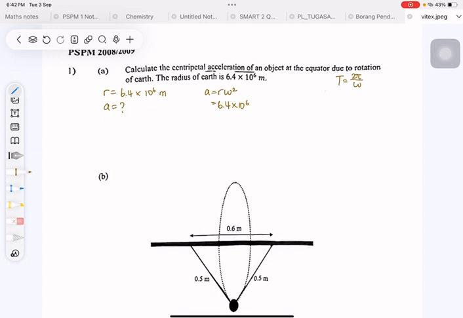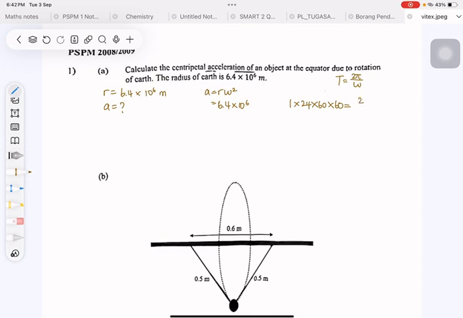From the question, we know that the object is moving in the period of rotation of Earth. The Earth rotates one day, which has 24 hours. Each hour has 60 minutes. Each minute has 60 seconds.